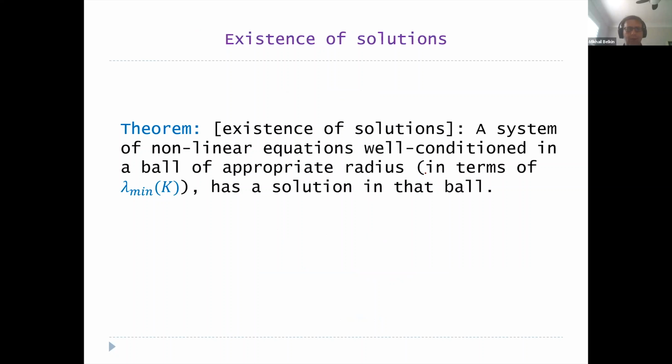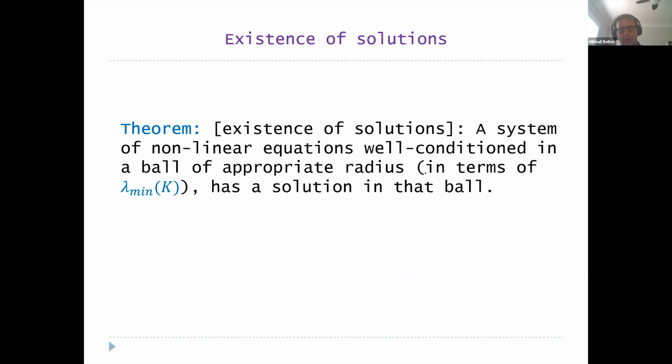Now that we see this, we can say that a system of nonlinear equations, that is essentially the Polyak theorem with some reshuffling, that is well conditioned in a ball of appropriate radius, by well conditioned I mean that lambda min is separated from 0, has a solution in that ball.